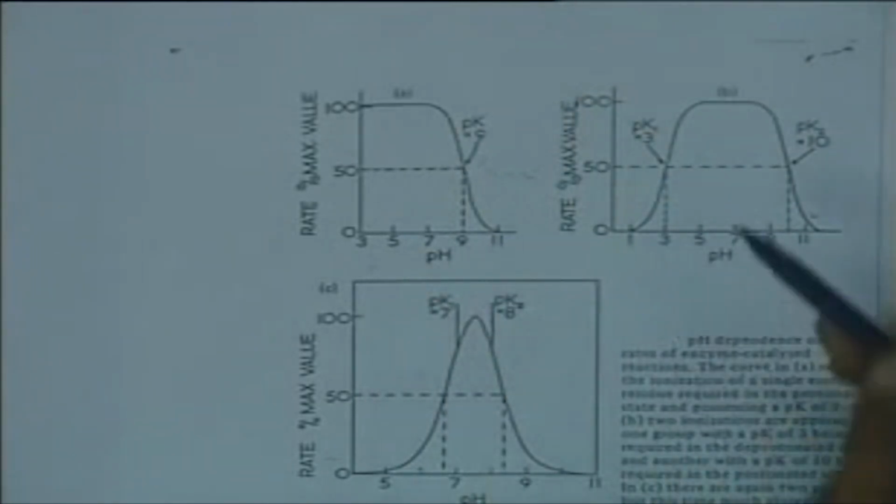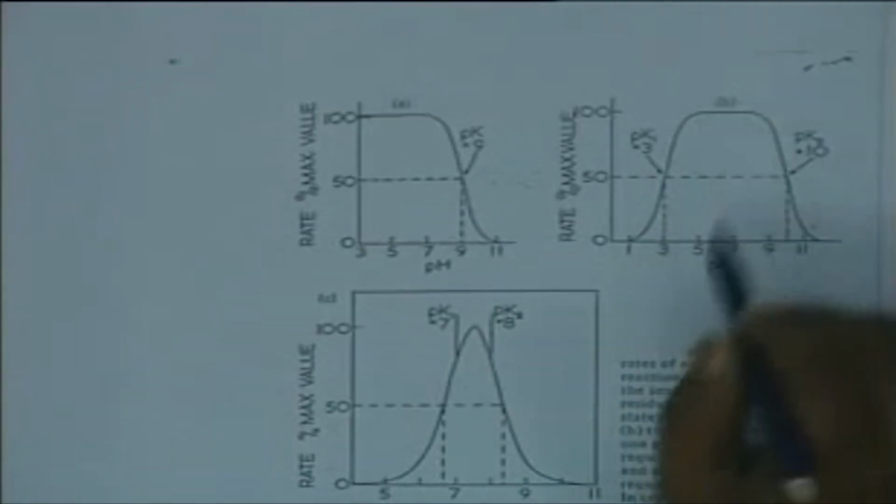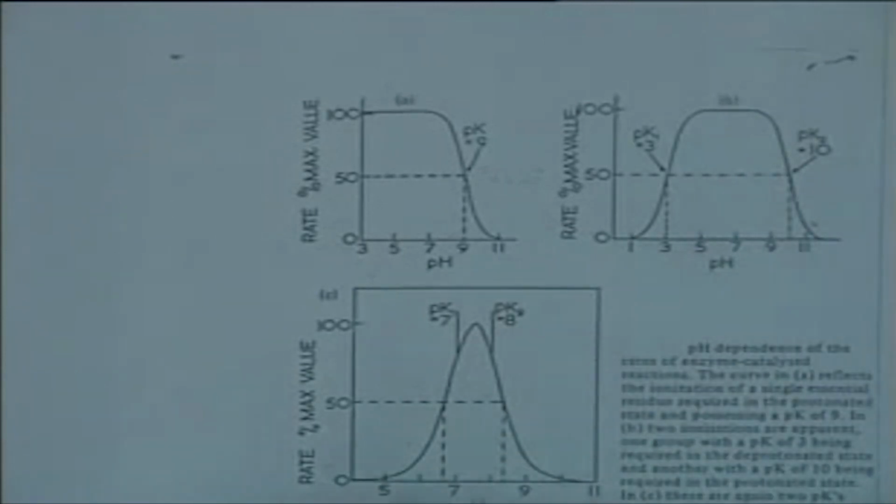Now, in the second case you notice that it may be a much broader pH profile, very typically a profile like this, which essentially shows a maximum value over a pH range. Of course, not a very broad range, but at least in 1 or 2 units it exhibits.